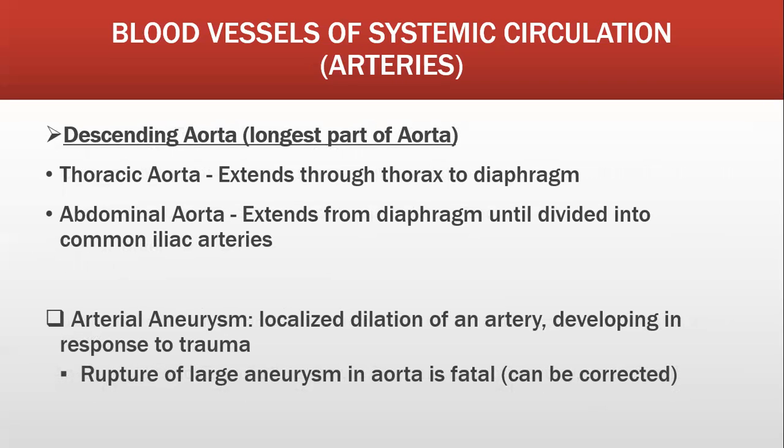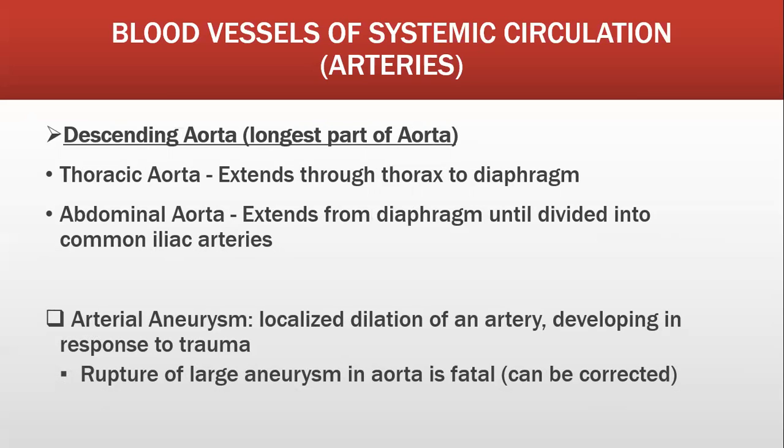Then lastly, we have the descending aorta, which is the longest part of the aorta. It has two parts, the thoracic aorta and the abdominal aorta. The thoracic aorta extends through the thorax to the diaphragm, while the abdominal aorta extends from the diaphragm until it divides into the common iliac arteries. Then we have this kind of disease, the arterial aneurysm.